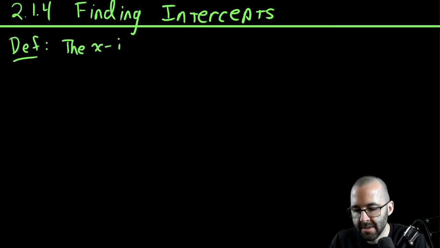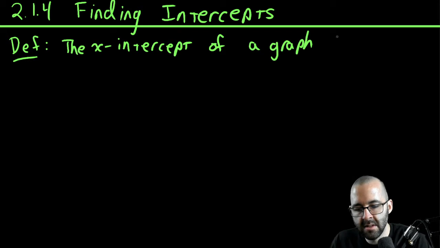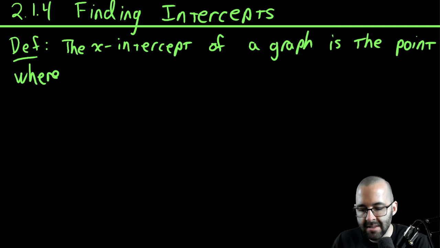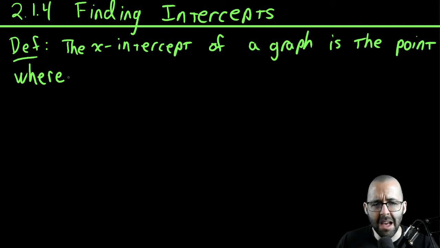The x-intercept of a graph is the point where it intersects, or intercepts, the x-axis.